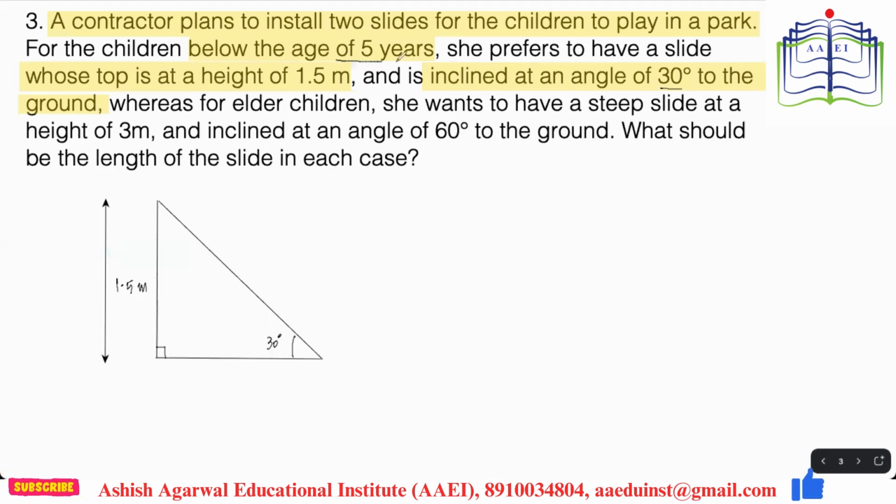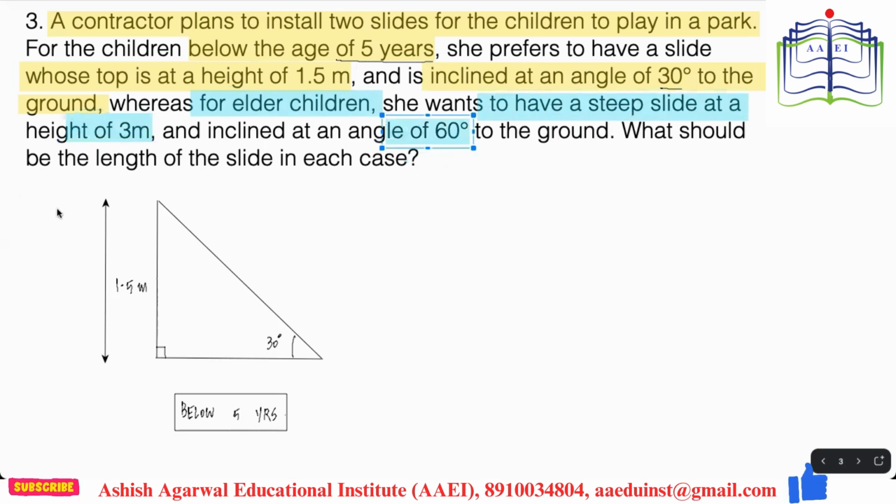This is for below the age of 5 years. So this figure is for below 5 years. Similarly, we have one more situation where, for elder children, she wants to have a steep slide at a height of 3 meters, inclined at 60 degrees.